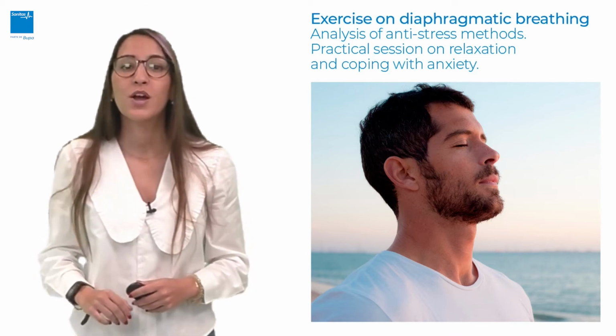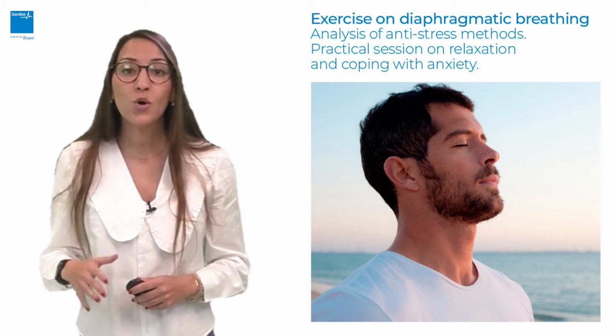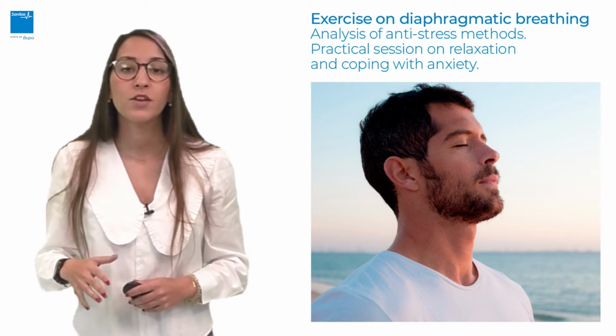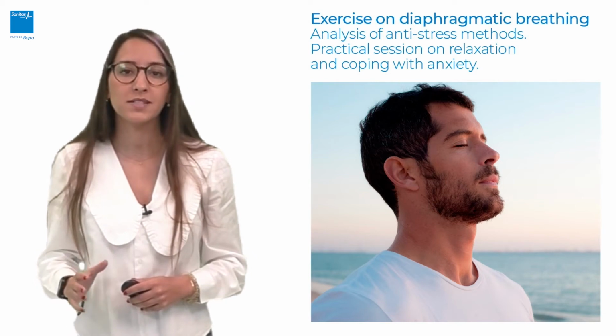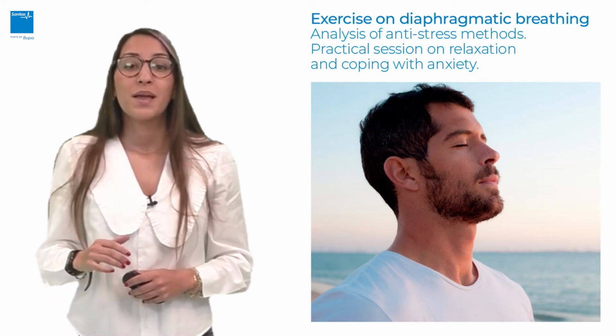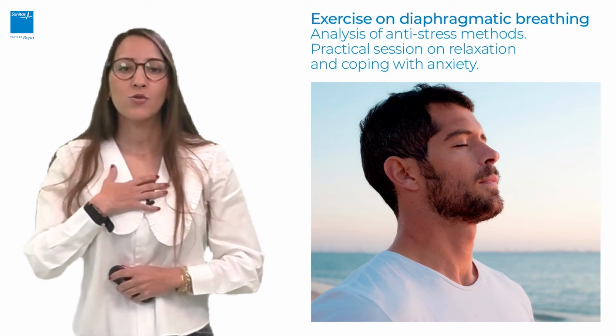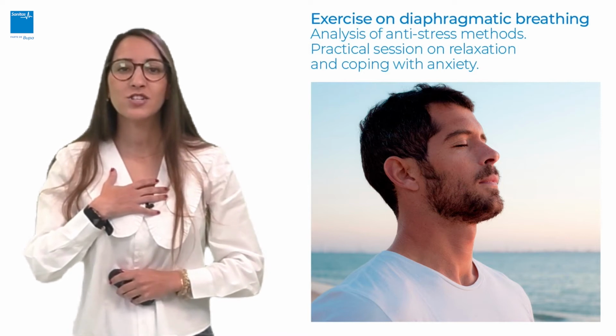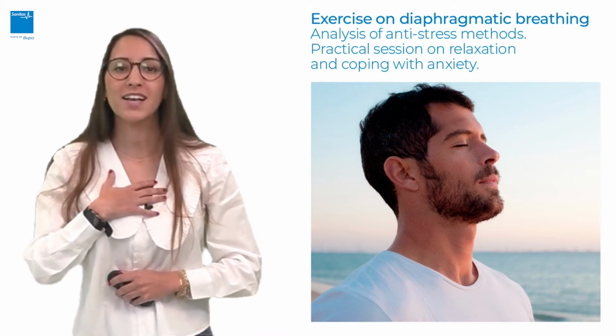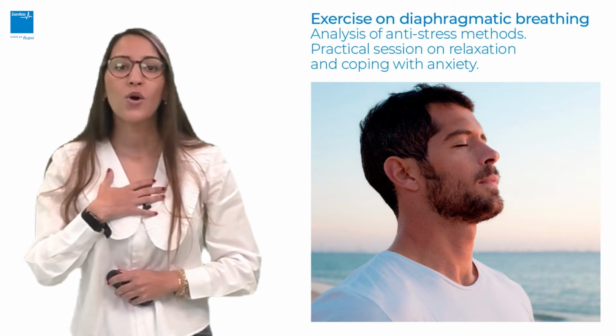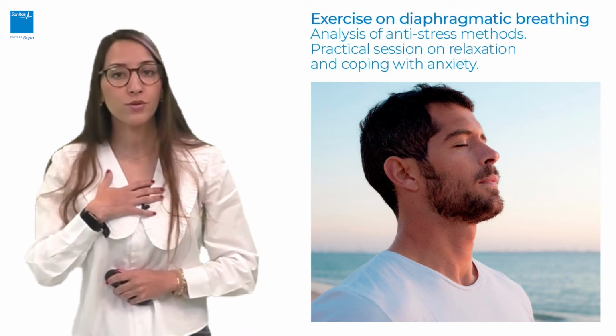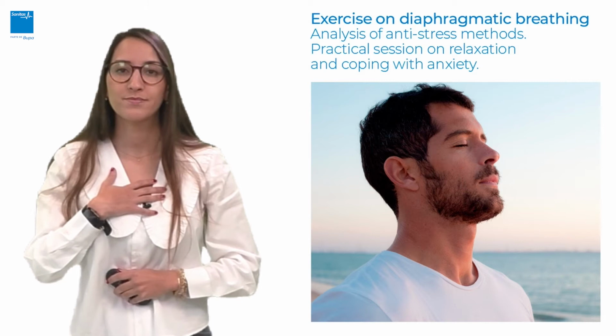Step 2. Breathe in slowly through your nose for 3 seconds approximately, making your stomach rise. The hand on your chest should remain as still as possible. Hold your breath for 3 or 4 seconds.